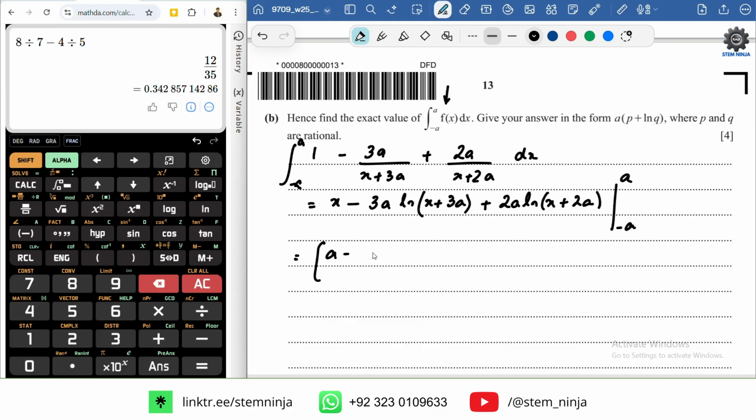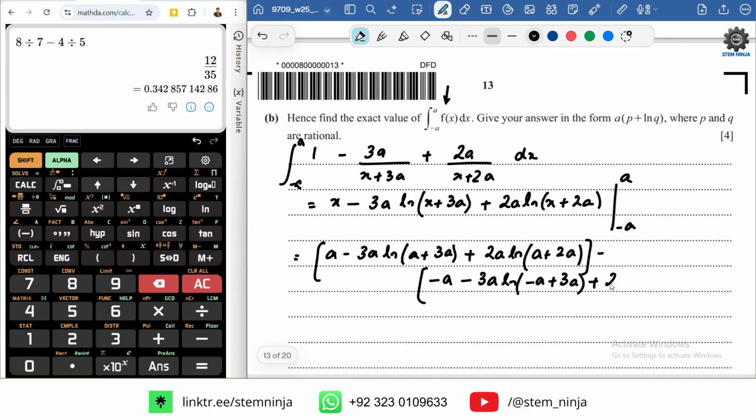So a minus 3a ln a plus 3a plus 2a ln a plus 2a, minus, a minus 3a ln minus a plus 3a plus 2a ln minus a plus 2a.